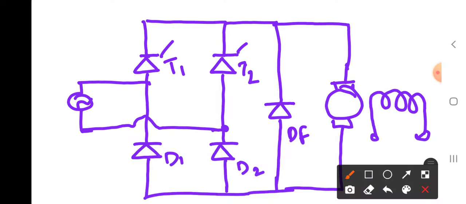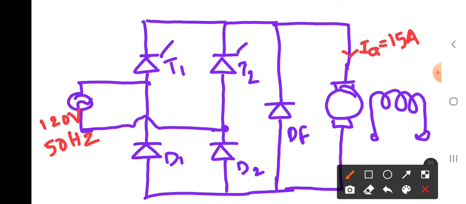The motor armature current is IA equal to 15 amps, and the supply is 120 volts, 50 Hz AC. Let me assume the source current is IS.